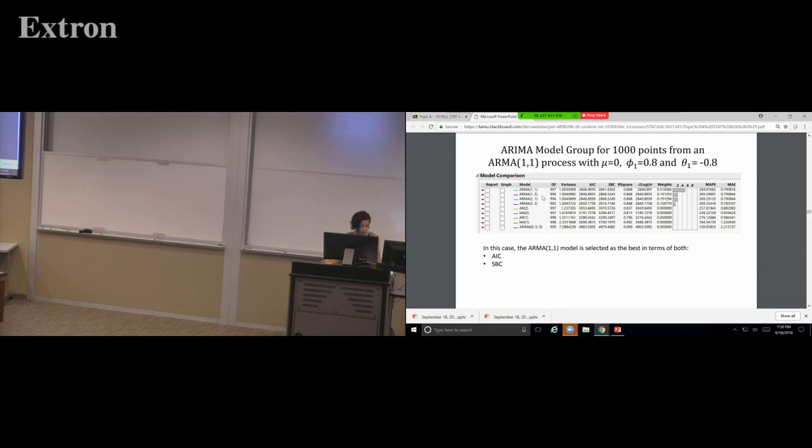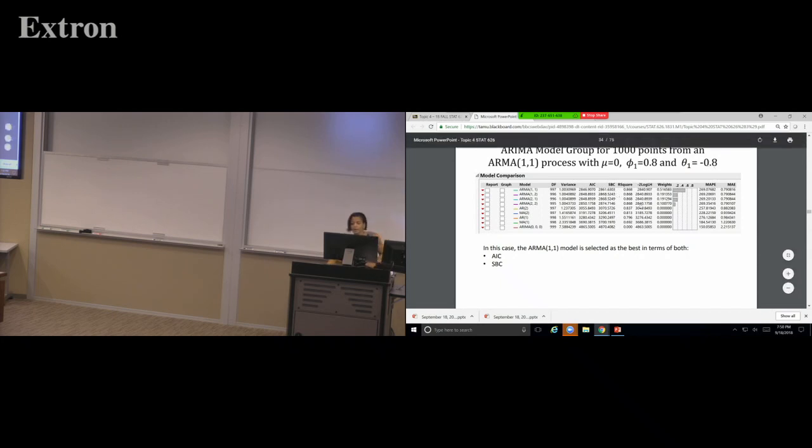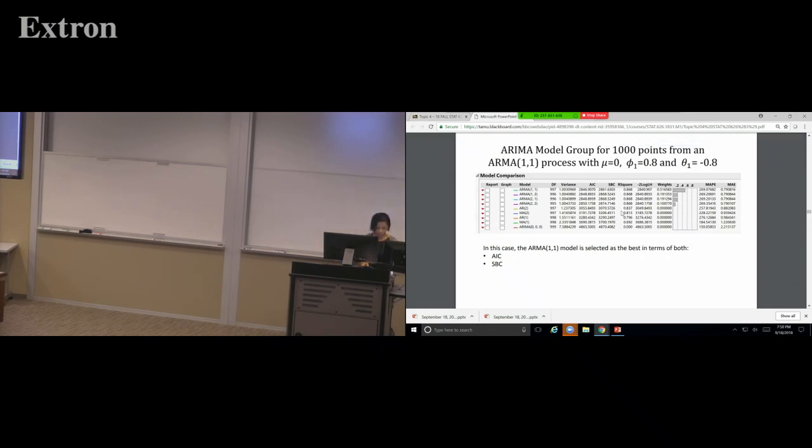What you're able to see here is that the ARMA(1,1) model fits our data set better than any of the other models. It has the smallest AIC and the smallest SBC. If you look at the SBCs, they're not ranked in order, it just happens that they are in order.